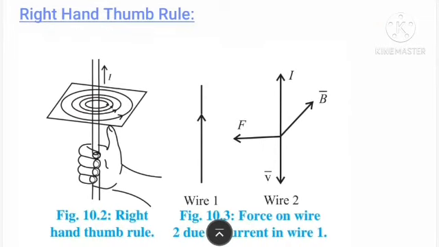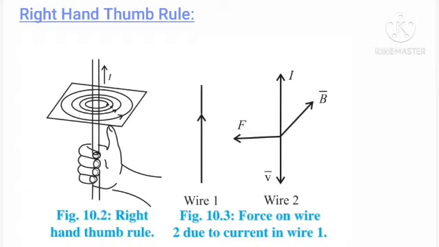To study the relation between electric current and magnetic field, we have one important rule called the right hand thumb rule. Here we have to imagine a current carrying wire which is grabbed in a right hand, with the thumb pointing in the direction of the current.